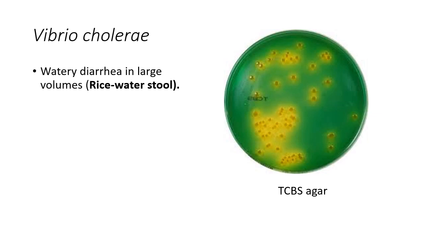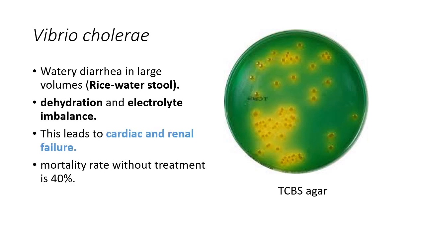So the stool looks like rice water, very light and very loose, and it can cause a very severe form of disease resulting in dehydration and electrolyte imbalance. This can lead to a very fatal condition, cardiac and renal failure, and a very high mortality rate, which means that some patients might die because of this infection if not treated immediately. The mortality rate is up to 40%.